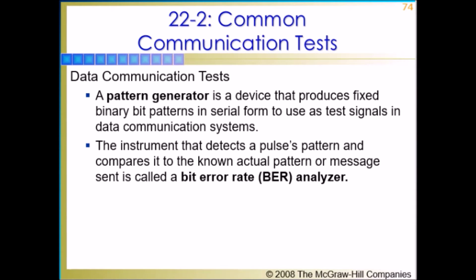It keeps track of the total number of bits sent and the number of errors that occur, then computes the BER by dividing the number of errors by the number of bits sent. The BER tester must, of course, know the exact pattern or message sent by the pattern generator.